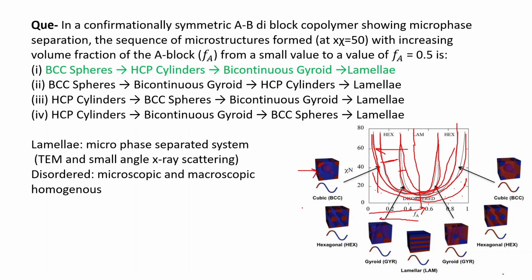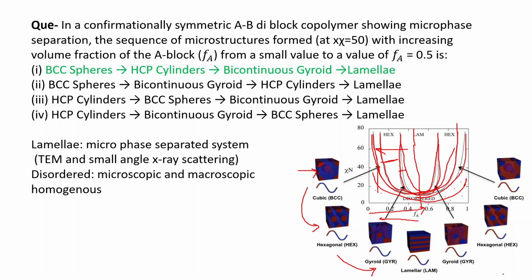When we increase the concentration or volume fraction of A, we get the hexagonal HCP cylinders. So the spheres will convert into cylinders of polymer A, and when we further increase the volume fraction of A, we get the gyrates.